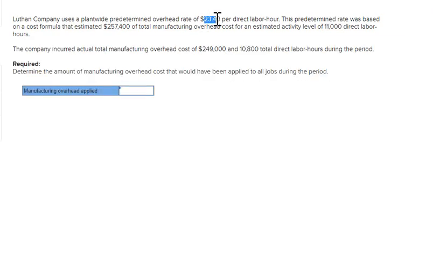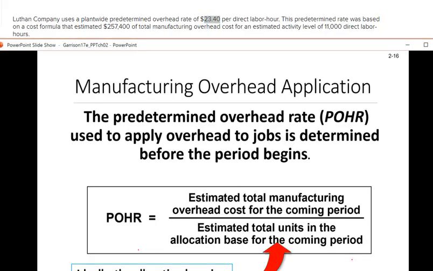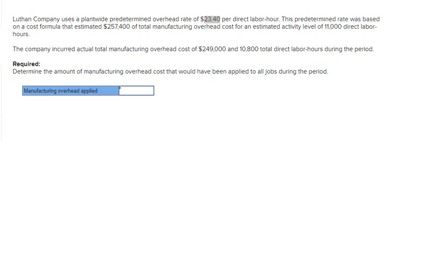So 23.40 here is calculated using this formula right here, estimated. The estimated total manufacturing overhead cost for the incoming period is $257,400, and the estimated cost driver or allocation base is direct labor hours, and the total units of direct labor hours estimated for the incoming period is 11,000. So 257,400 divided by 11,000, you get 23.40.